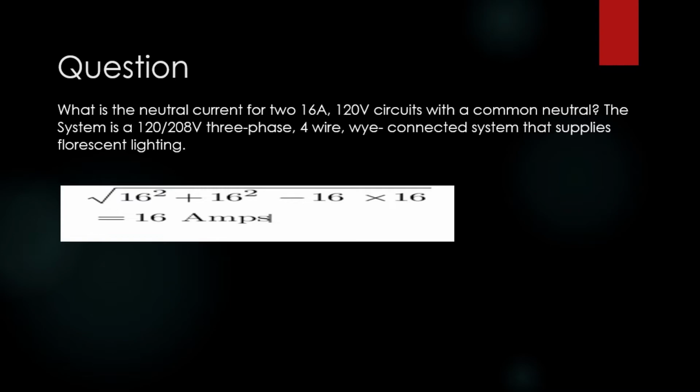This is just the standard requirement for calculating the maximum amount of neutral current that can possibly flow within a circuit, right?